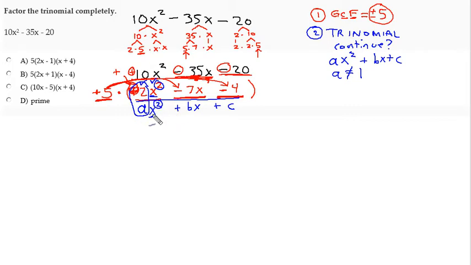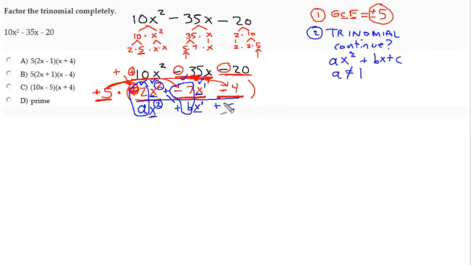Does the variable that's squared in the first term appear in the middle to the first power? Yes, it does. X is squared in the first term and appears to the first power in the middle term. If we put a plus in to match this plus, then b is negative 7. We're slowly able to identify all these parts.